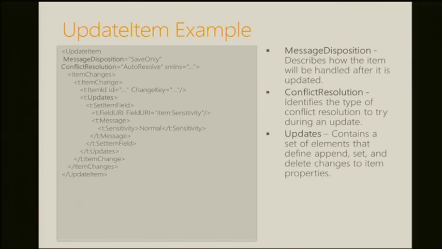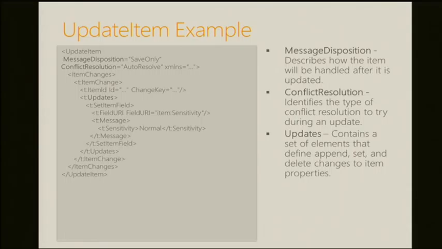Then we have the item changes element, and you could have multiple item changes within one request. So you could update several items at a time. I'm sorry, I skipped over conflict resolution. We'll actually come back to that a little bit. That's set to auto resolve. So in each of these item changes, I send the item ID and the change key. We'll talk a little bit about how that works in relation to conflict resolution.